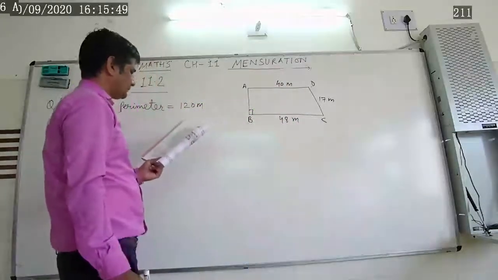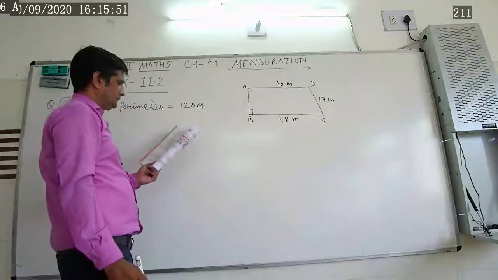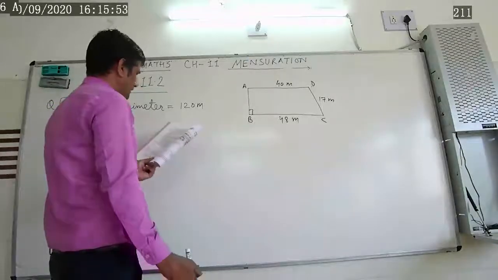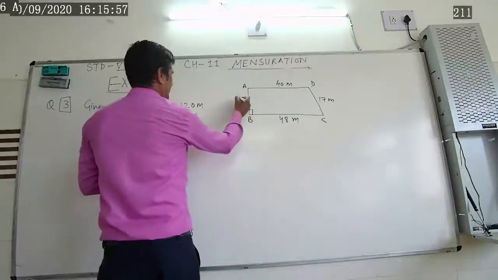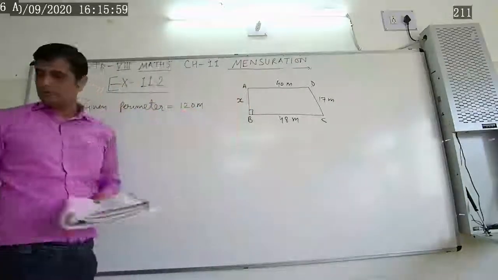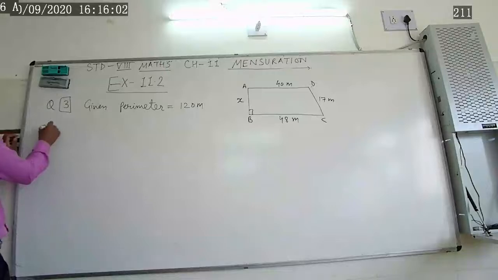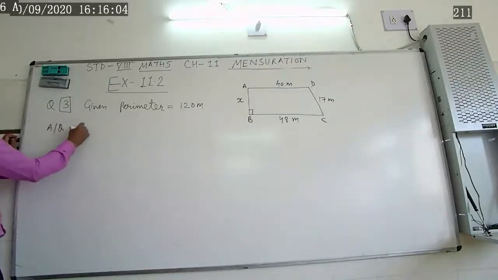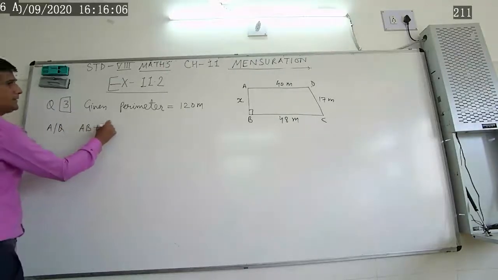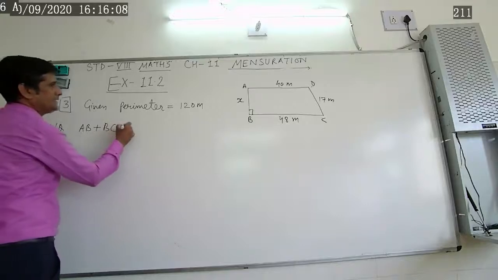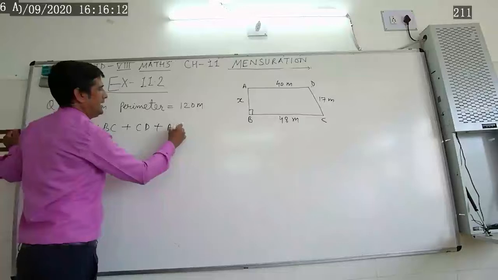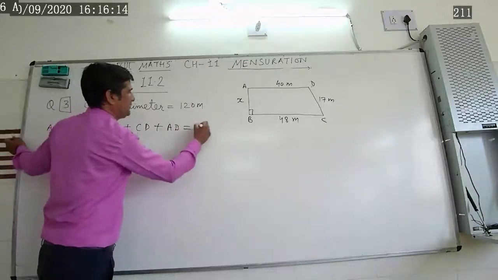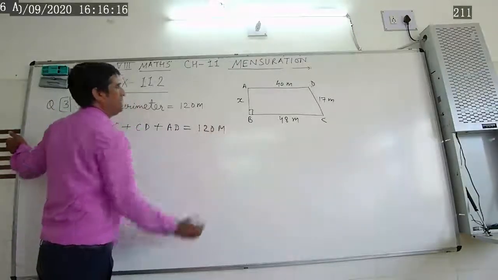AD 40. Then this length, find the area and AB side. This is not given. According to the question, AB plus BC plus CD plus AD is equal to, it's given, 120 m.